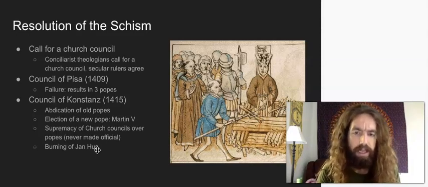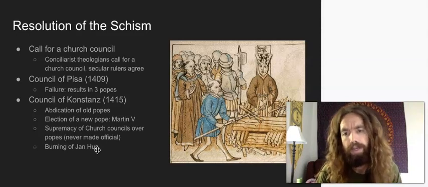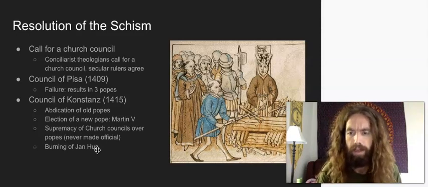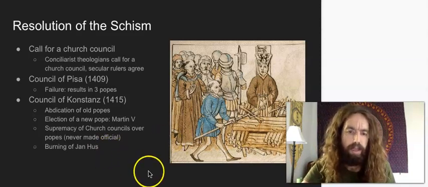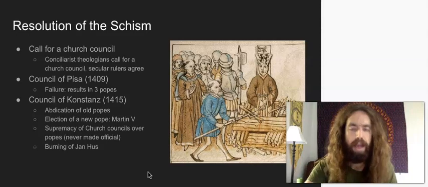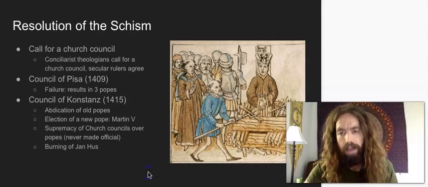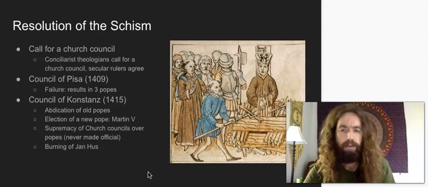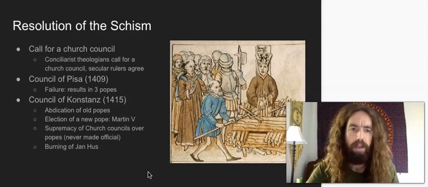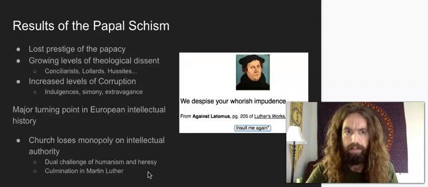So Jan Hus is killed and he becomes a martyr who is going to become popular in the next century with the Protestant Reformation. They'll look back to Jan Hus and argue that a lot of the changes that they're making in the 1500s should have been made back in the 1400s when Jan Hus brought up these problems.